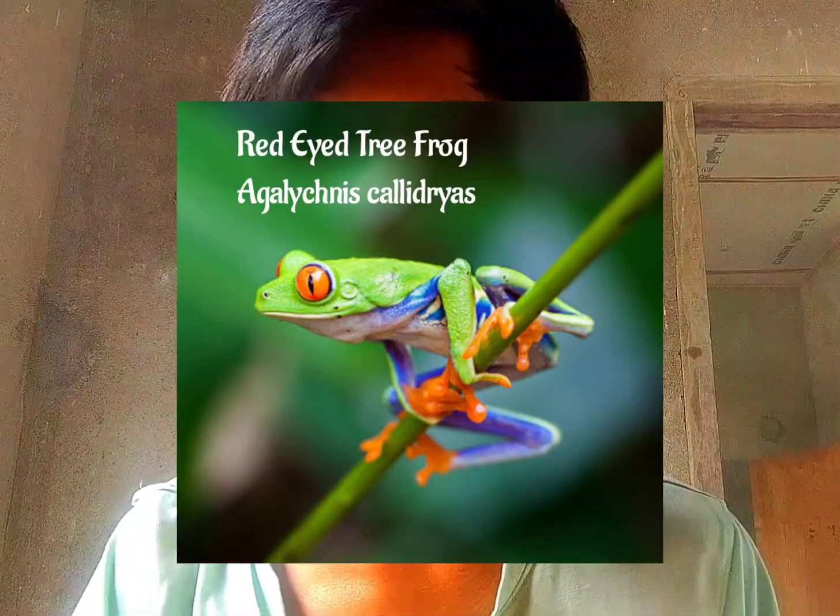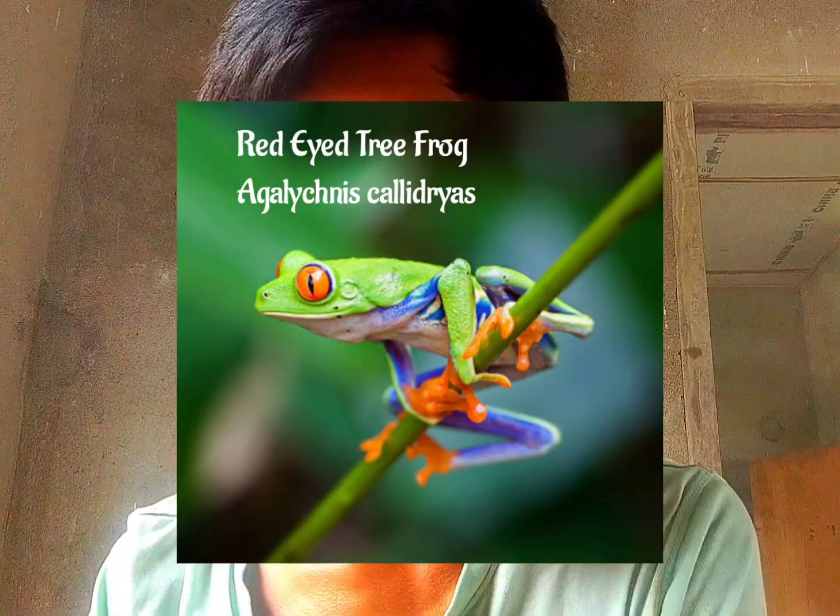And the next thing is what we learn about amphibians, that they live both in water and on land. Amphi means both, and bia means life or adaptation. They live in both land and water, but that's not true at all. This fellow does not live in either water or on land.